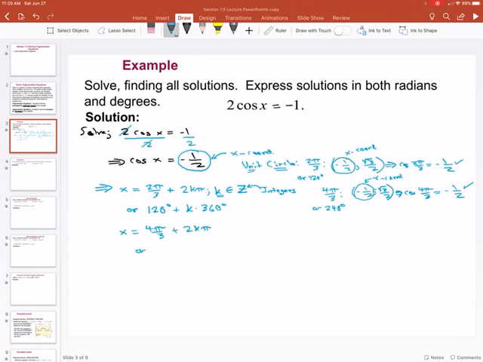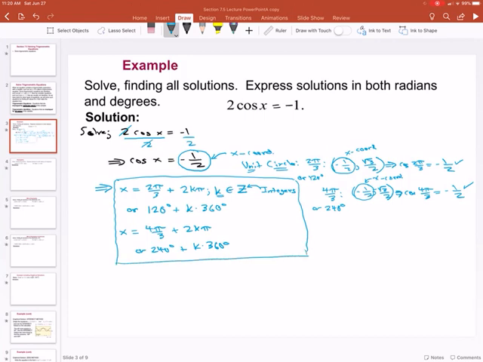Or in degrees, 240 degrees plus any multiple of 360 degrees, a full circle, so we'll be right back at the same spot. So there's our solution set, taking care of every possible solution to this trigonometric equation.